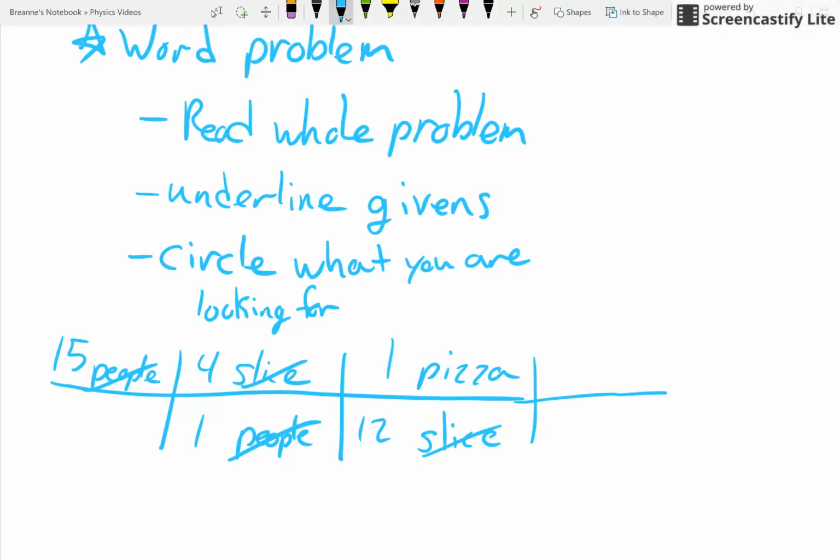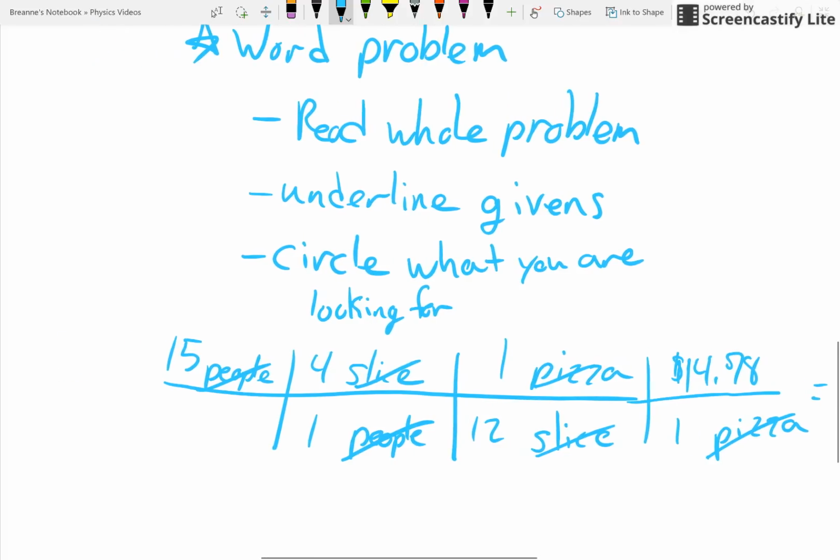But we do know that for one pizza goes on the bottom because we want it to cancel. It's, I believe, $14.78 per pizza. Dollars is on top. Do we have any other units? Nope. Awesome. So just multiply across the top, multiply across the bottom, and divide.